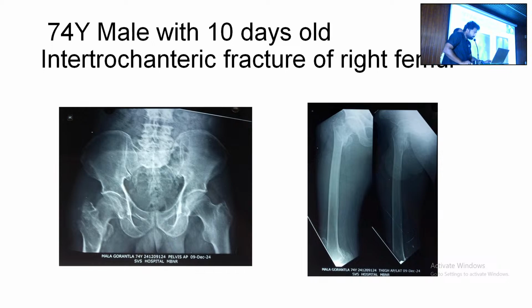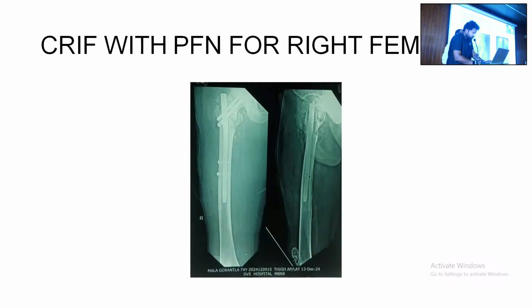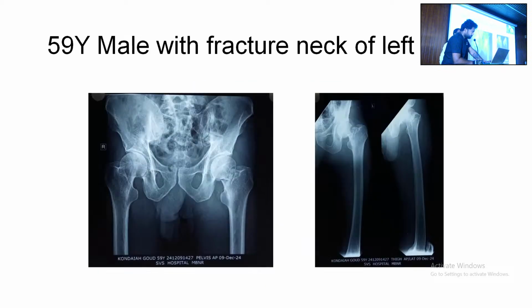This is a 74-year male with a 10-day-old intertrochanteric fracture of the right femur. This comes under Boyd and Griffin type 2. For this we have done closed reduction internal fixation with proximal femoral nail. And this is a 59-year male with fractured neck of the left femur. This is a transcervical type and Garden type 2, sir.